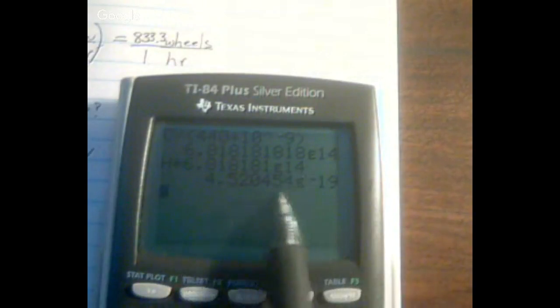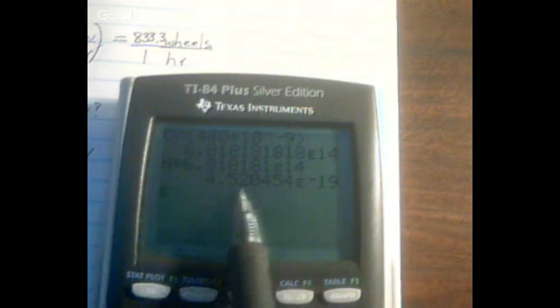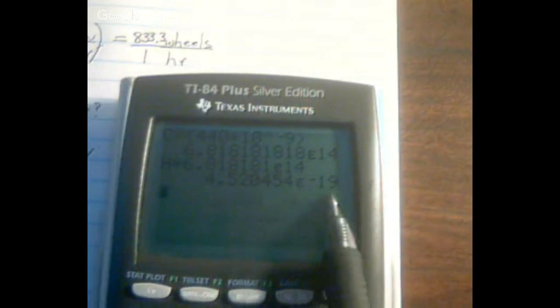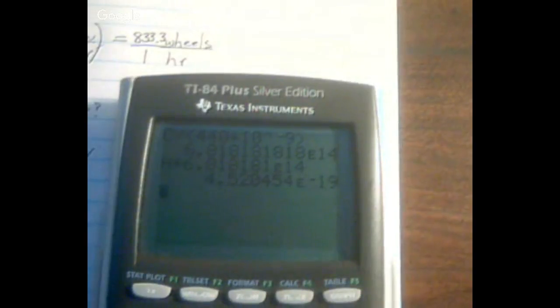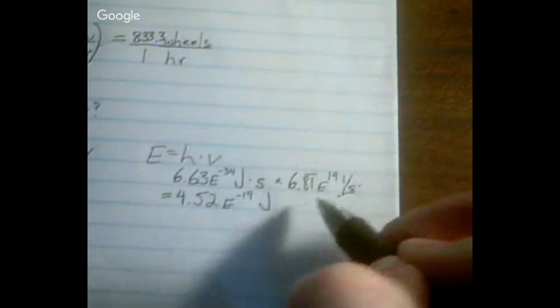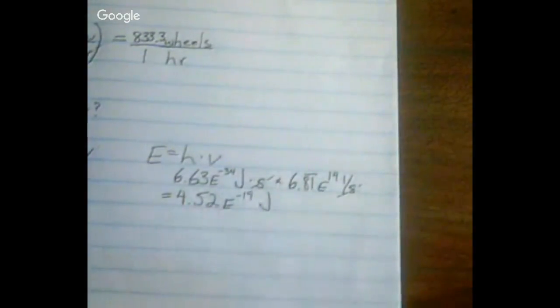So all these digits in the middle here, sometimes we don't necessarily really care about those. You need the beginning ones, and you need that times 10 to the whatever there. Okay, so our answer is 4.52 cut off there times 10 to the negative 19th, and that's going to be joules, because seconds there is going to cancel out with seconds there.